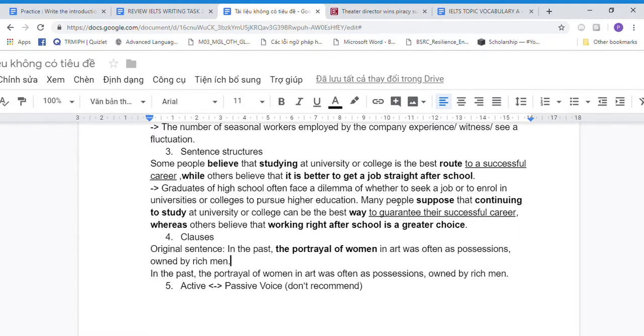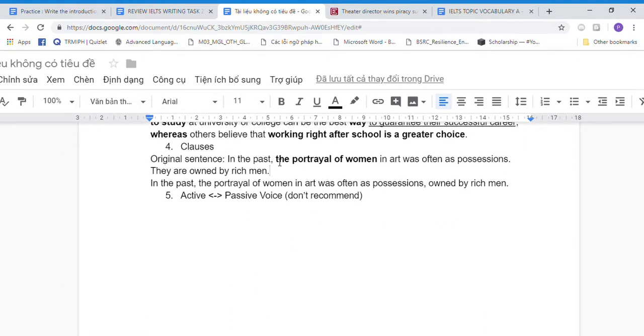So the portrayal of women in art was often as possessions, they are owned by rich men.